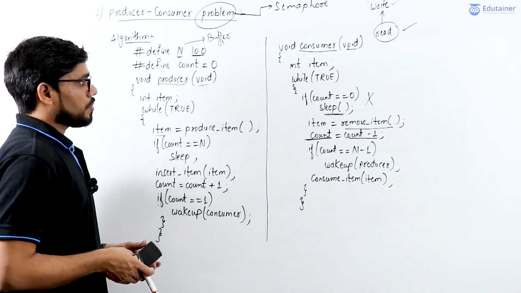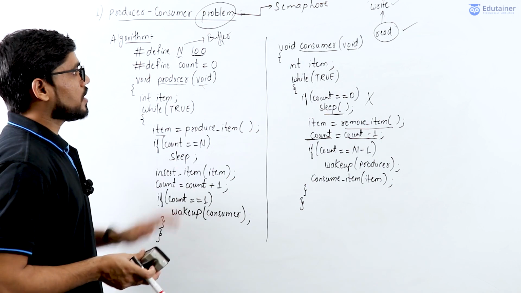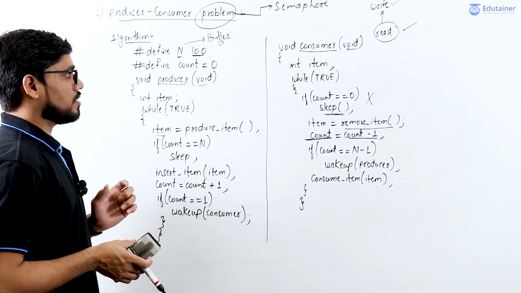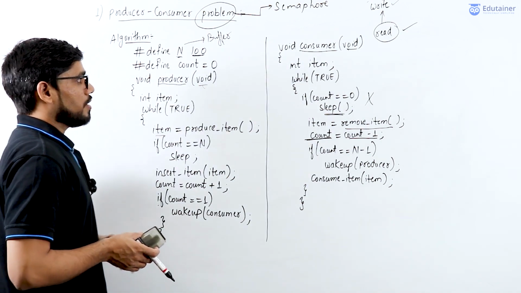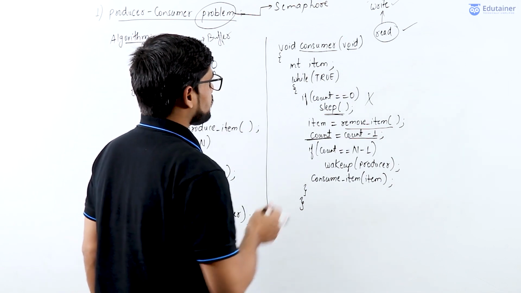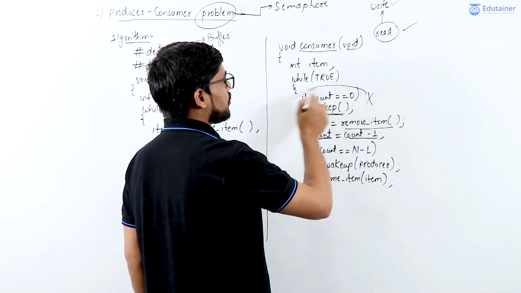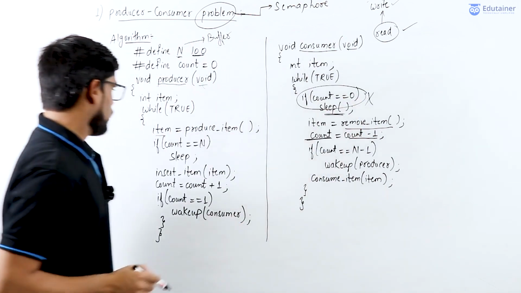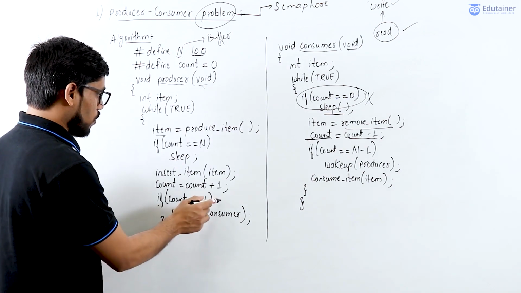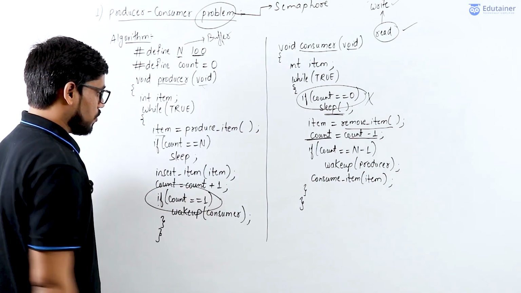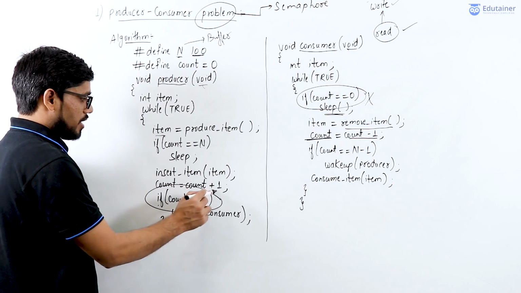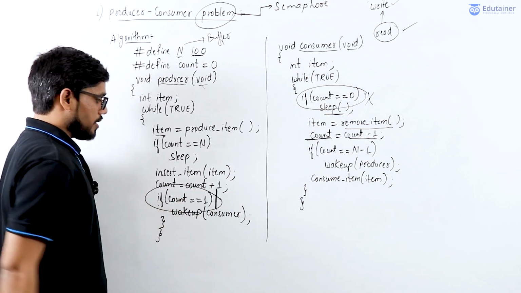Okay, so in this producer and consumer problem there is an issue. Let's say count is equal to 0, or let's say count is equal to 1, and at that point the producer is halted.